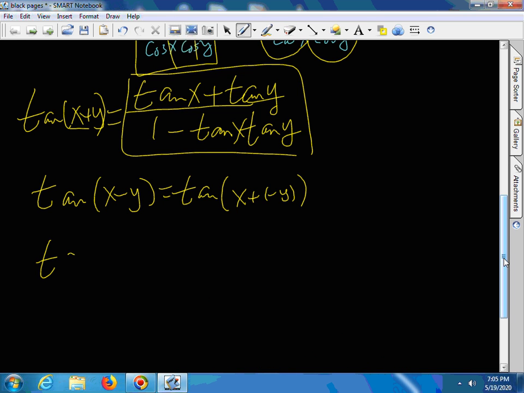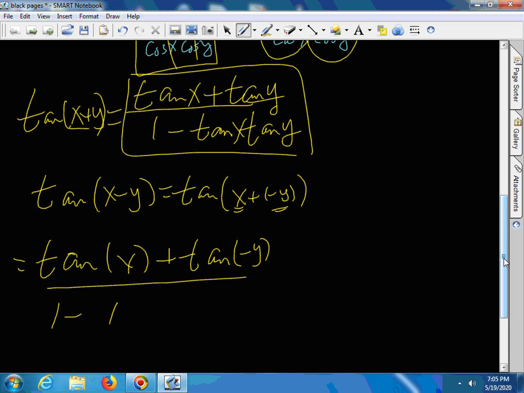This is going to equal the tangent of the first angle plus the tangent of the second angle divided by 1 minus the tangent of the first angle times the tangent of the second angle.